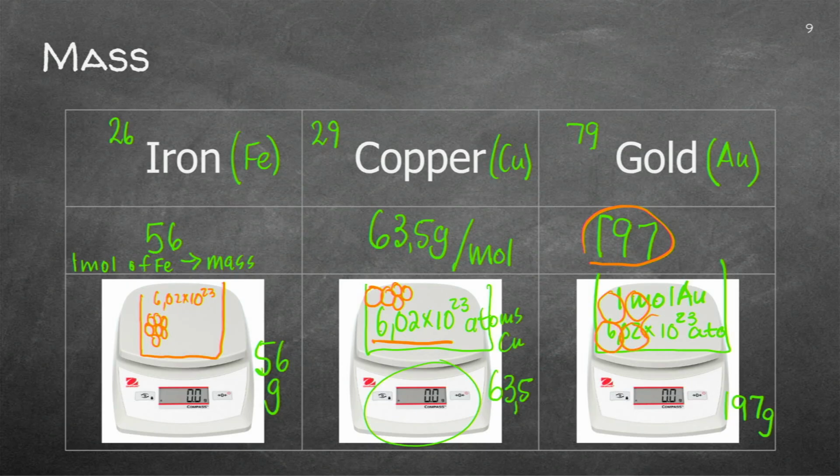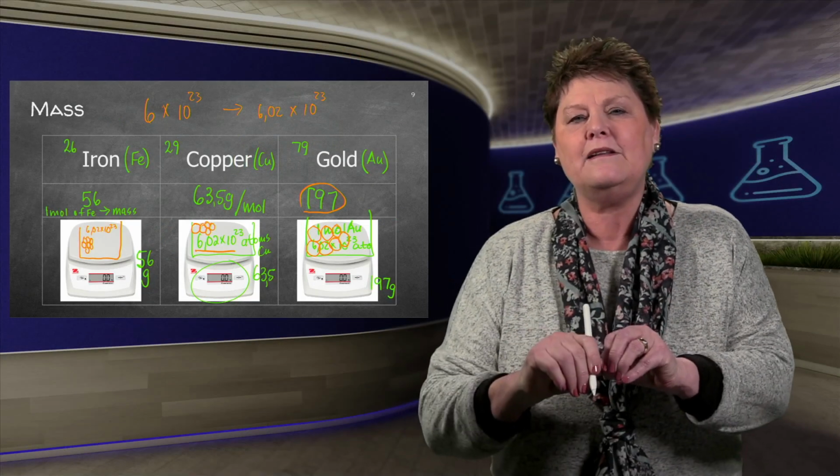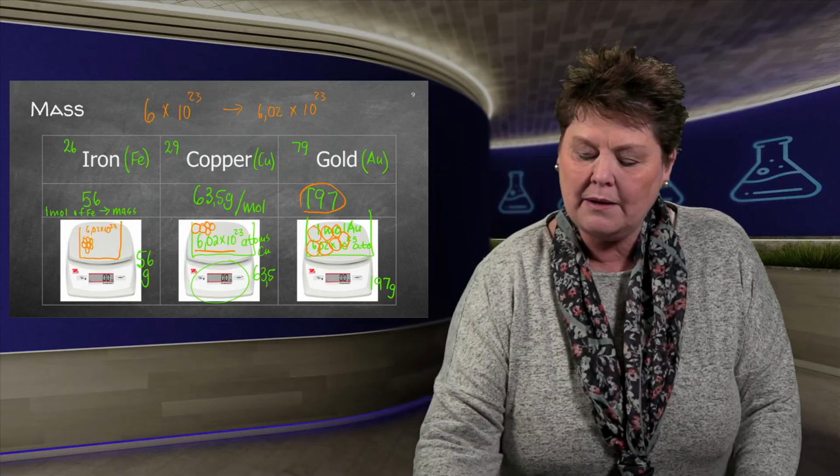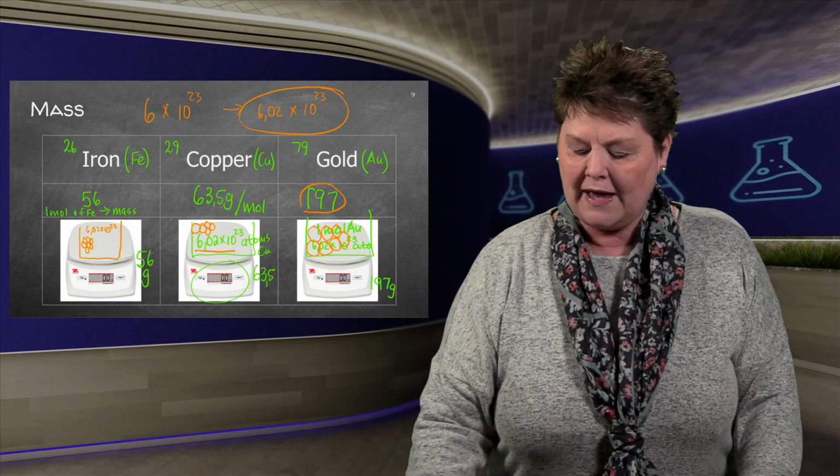But in each of these 3 elements, I had exactly 6.02 times 10 to the 23. So that's the one common factor in the periodic table. Each element has a mass for that number of atoms.